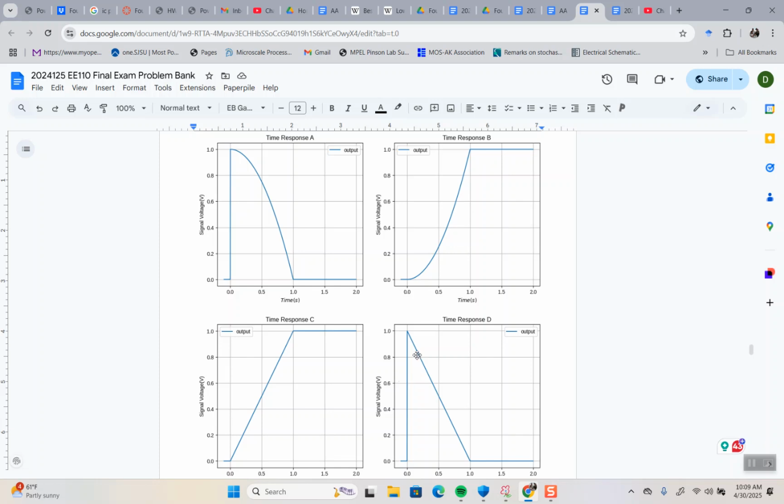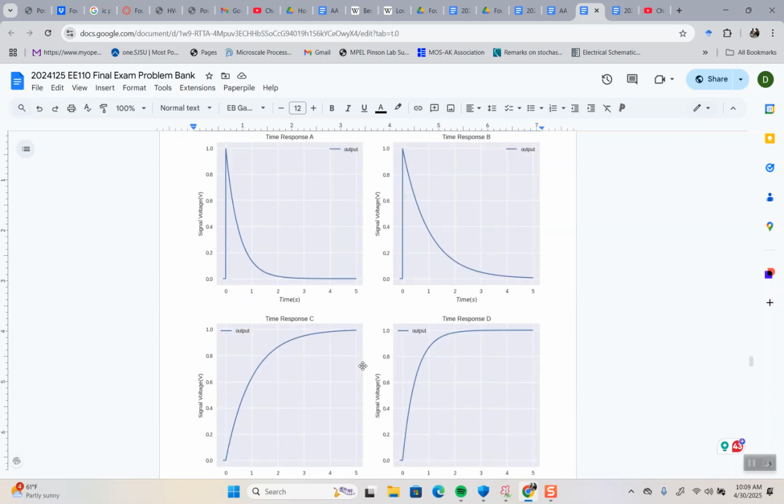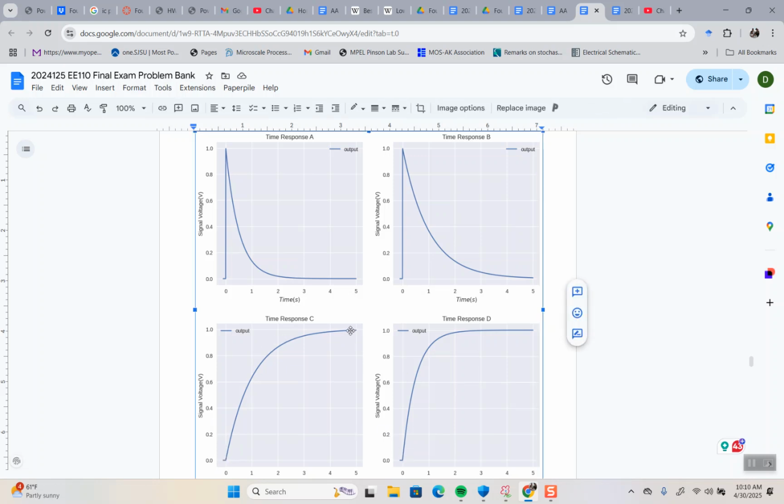Again, this is an edge, starts high, decays to 0; starts low, and goes up to 1. So high, high, low, low. Edge, edge, rounding, rounding, passing DC: low, low, high, high.